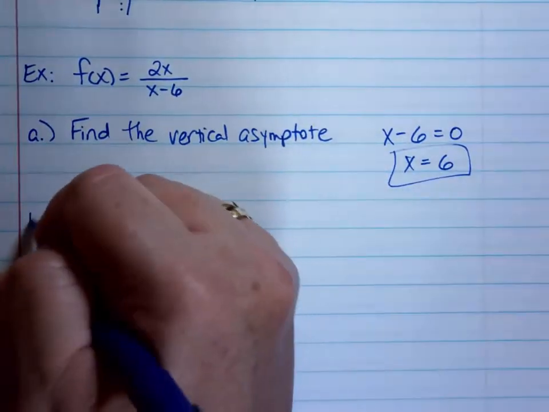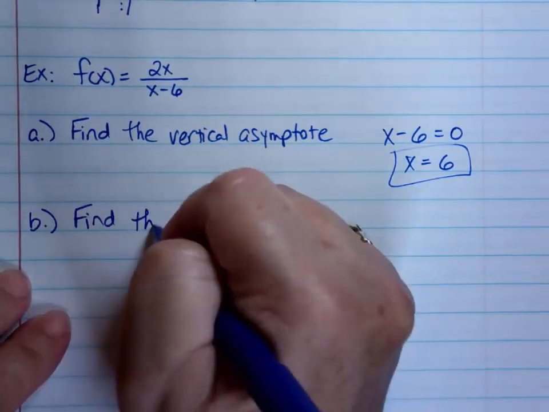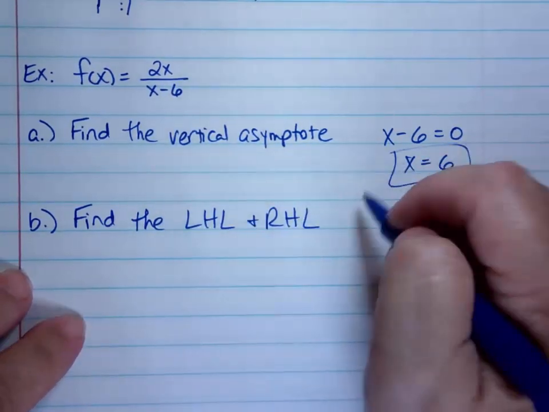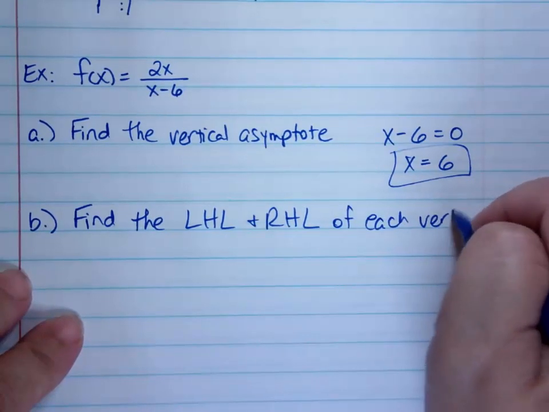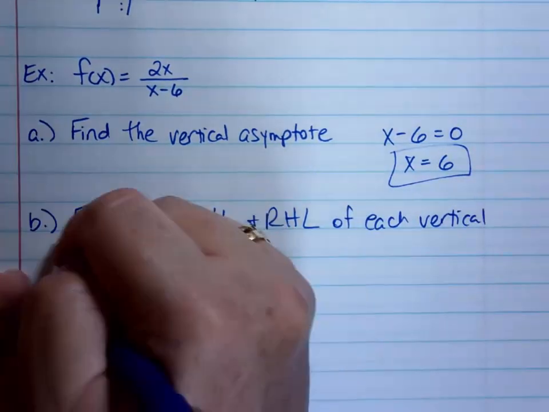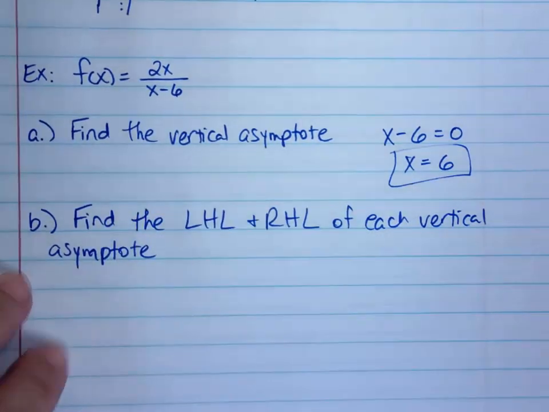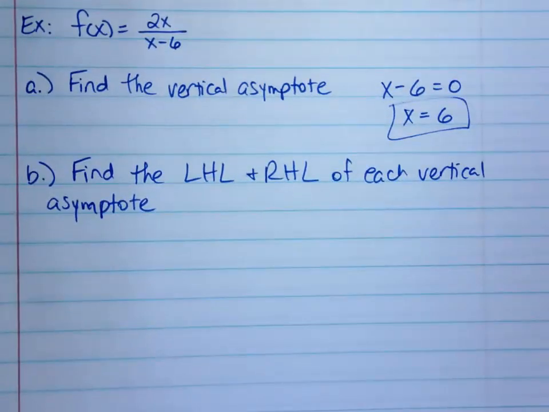Now the second thing they want us to do is to find the left-hand limit and right-hand limit of each vertical asymptote. Now sometimes you will have two vertical asymptotes, so you may have to do this a total of 4 times. Now I think the verbiage that the worksheet says is describe the behavior on either side of the vertical asymptote.